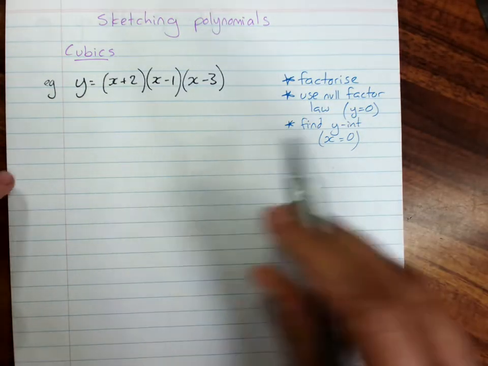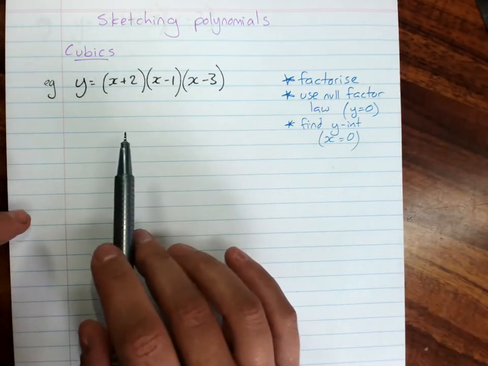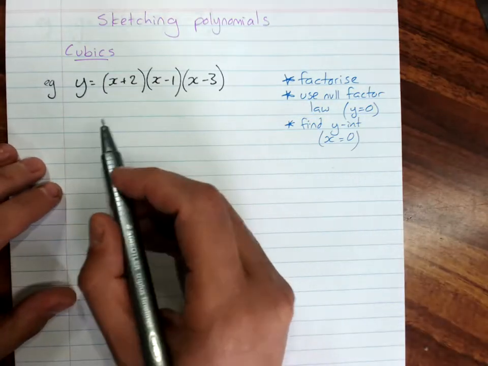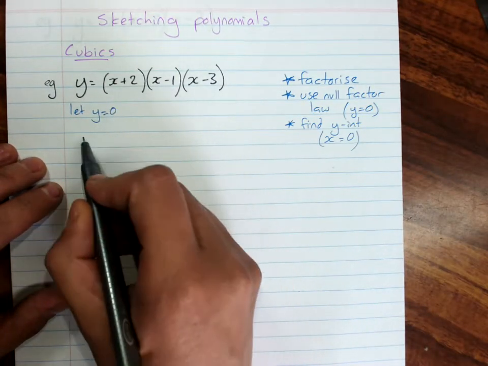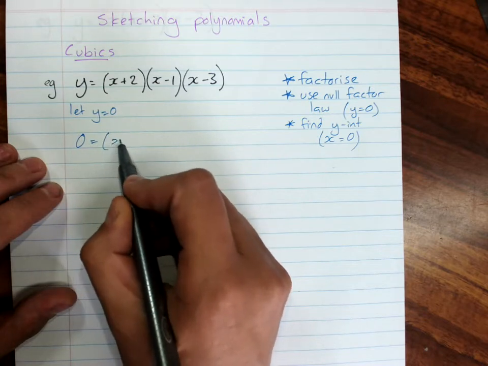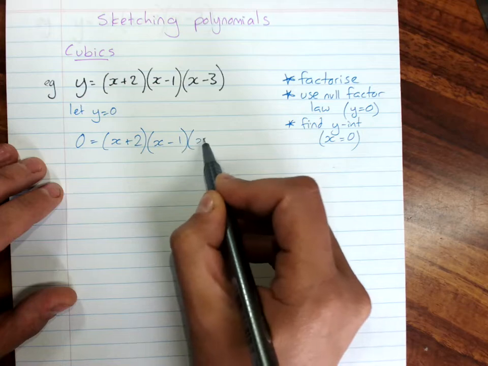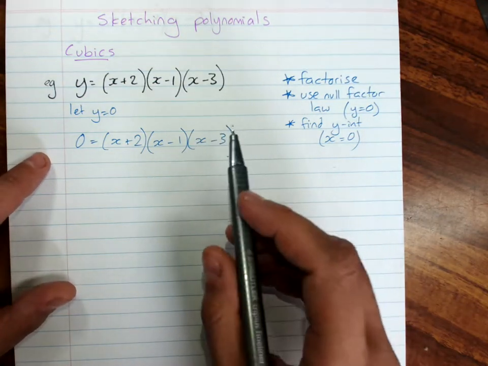So for example, this one here has been factorized for us. So we let y equal 0 to find, of course, our x-intercepts.